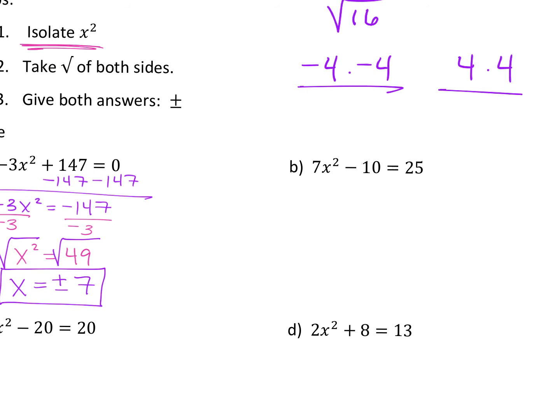Okay, you do B. Isolate your x squared and solve. What do you get? What'd you get?